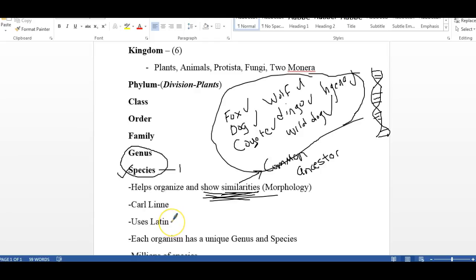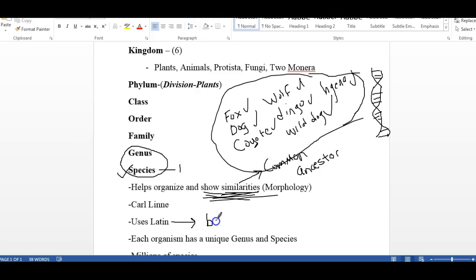It uses Latin, because everybody can understand Latin. It's a base language that many of our words today come from. And it's not being used anymore, so the meaning of words will not change. And he came up with binomial nomenclature.